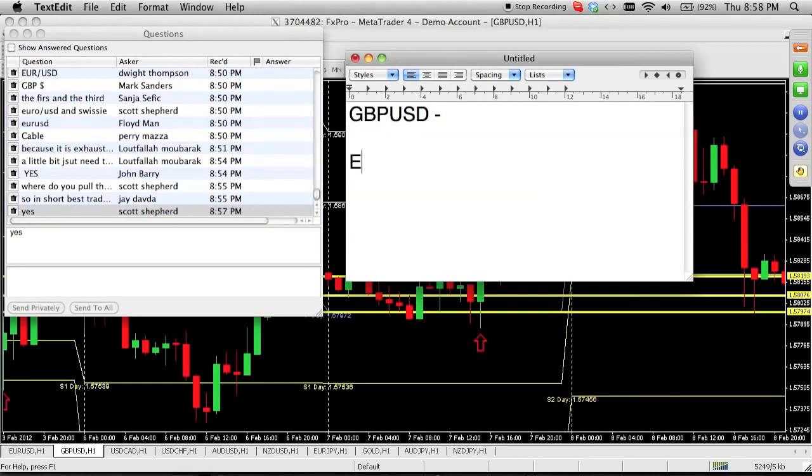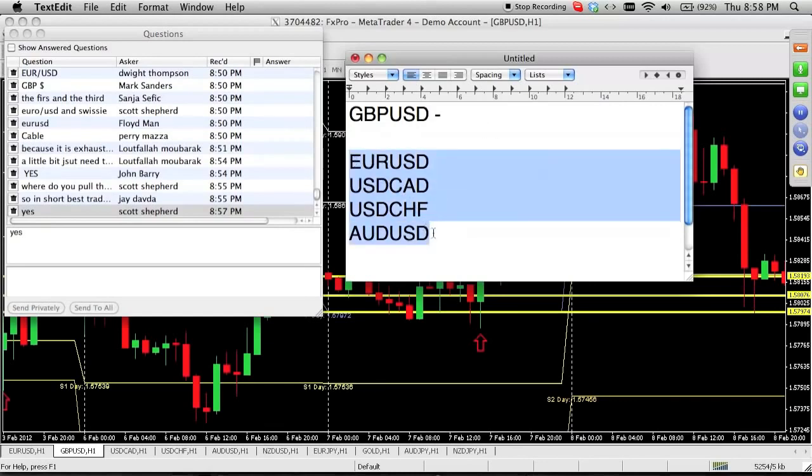Euro USD, US dollar CAD, US dollar Swiss franc, and Aussie dollar. These are the pairs that we know correlate with pound. When I want to exit pound, whatever pivot line touches any one of these, I exit all. I exit all. And it should be a decent gain. If anything is lagging, you are welcome to hold it out till the next pivot line. You should be fine.